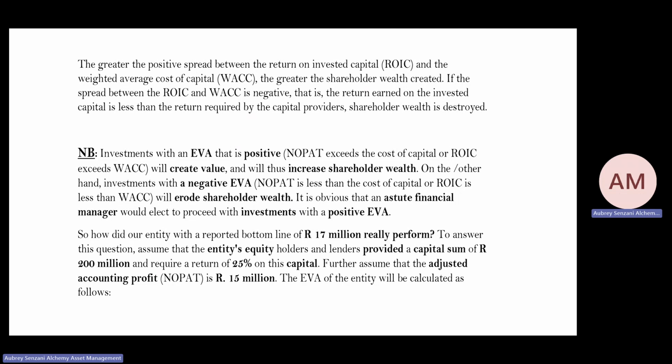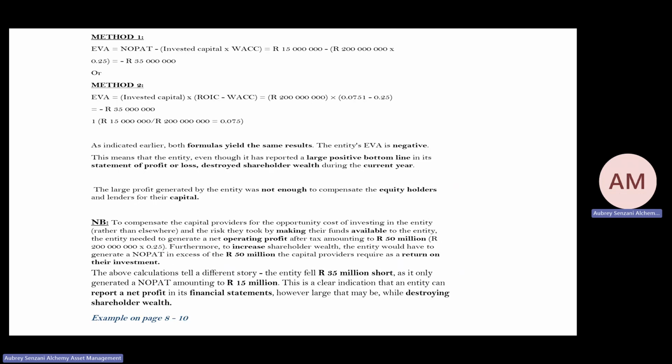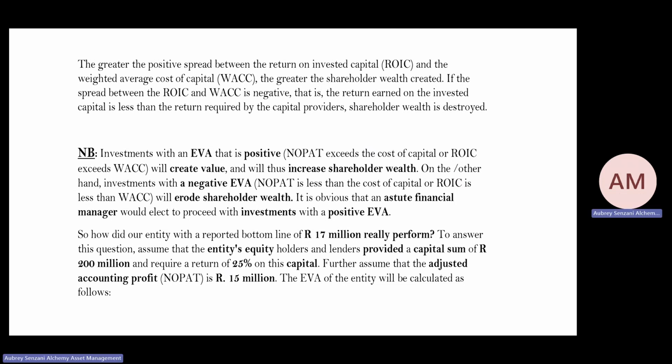Economic value added. Okay. So what's important here is under the NB. Under NB, it says investments with an EVA that is positive will create value and will thus increase shareholder wealth.